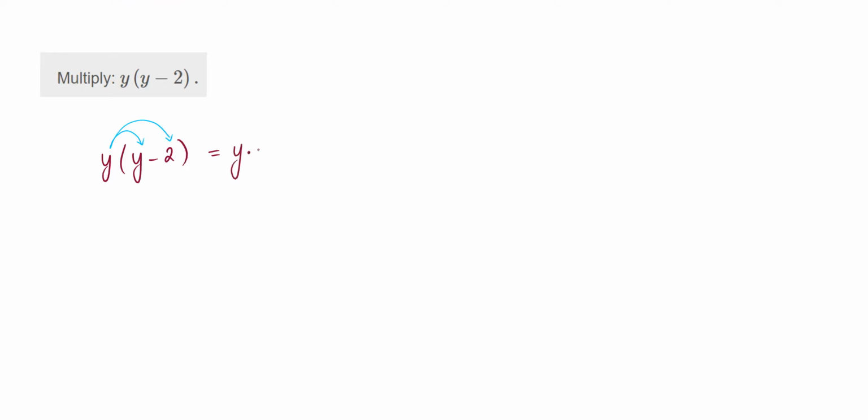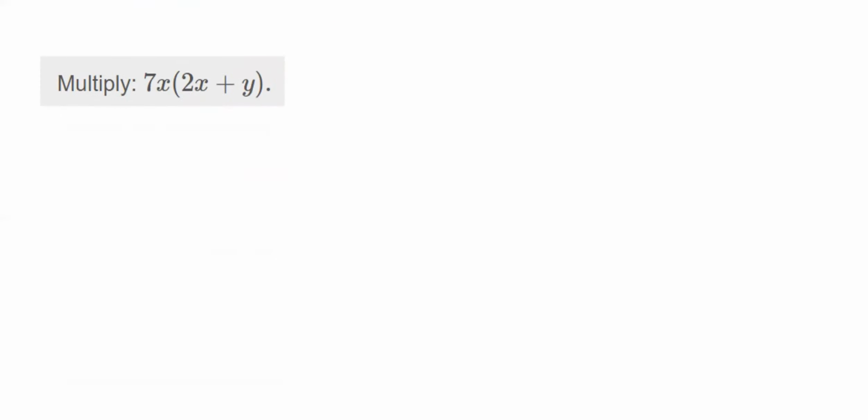So y times y, and you see the minus in between them, so it has to be minus y times 2. Okay. The property does not change, meaning the distribution still happens. You just have to watch the sign. Y times y is y squared, minus y times 2 is 2y. You know, you always put the number in front of the letter. And that's your answer right there. Okay.